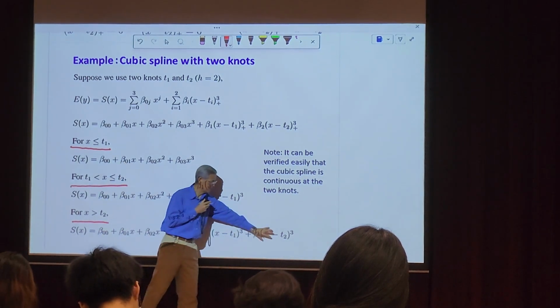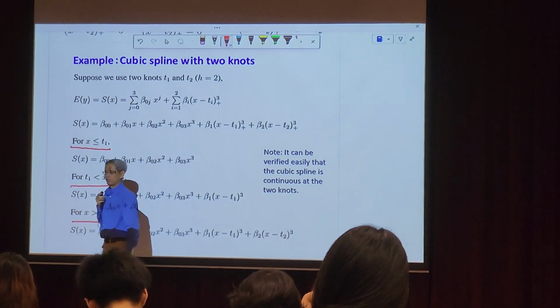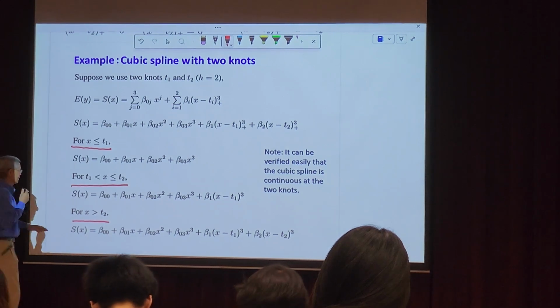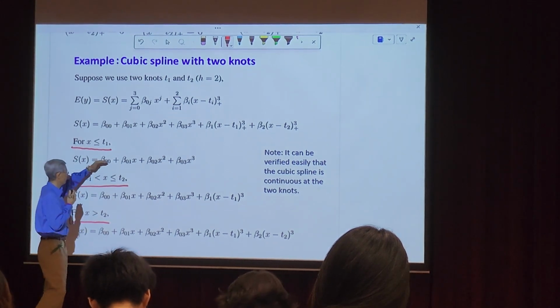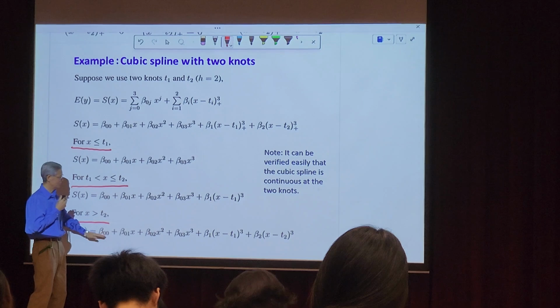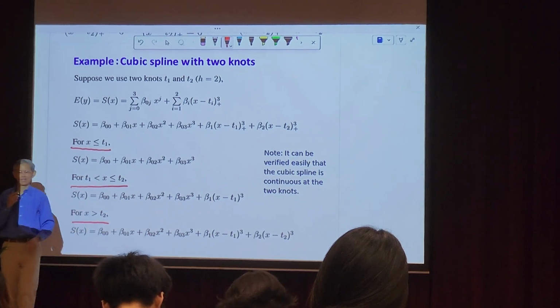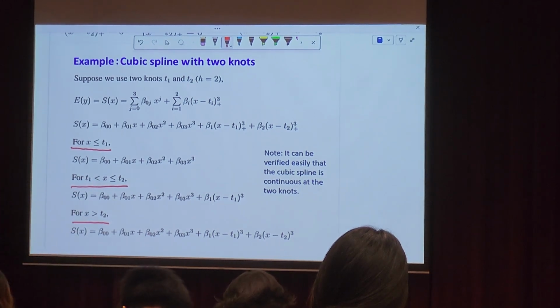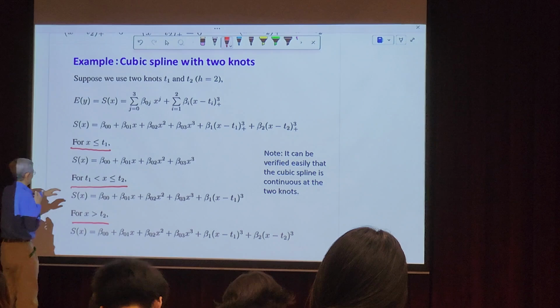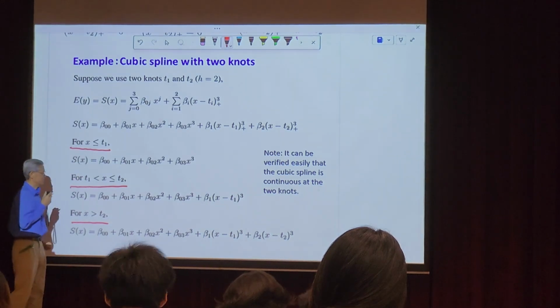And then add on another cubic polynomial. So in effect, we have 1 cubic polynomial here, 1 cubic polynomial here, and 1 here. And they are all different. Okay, that's easy. So we have defined cubic polynomial for the 3 segments.